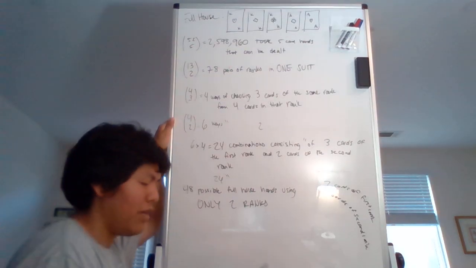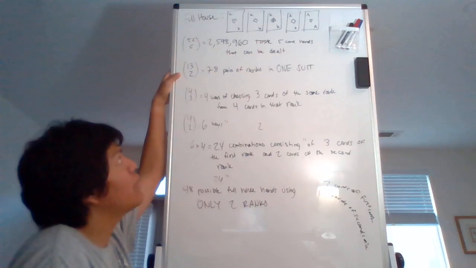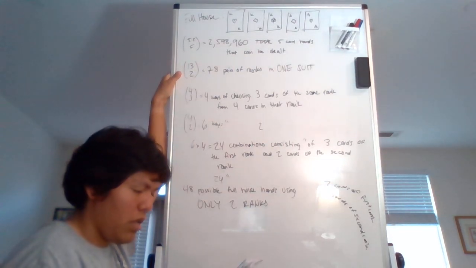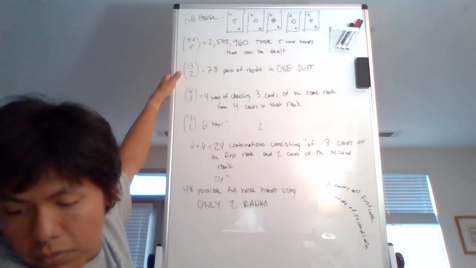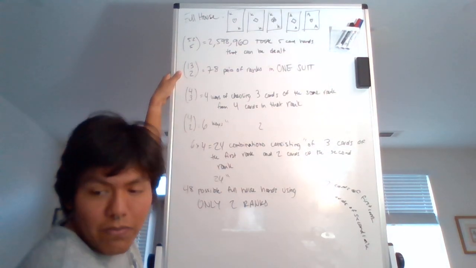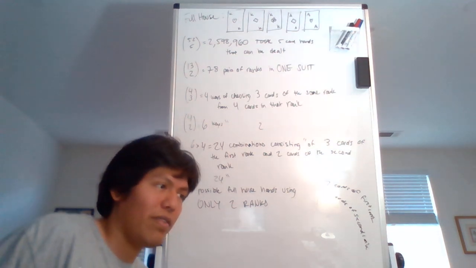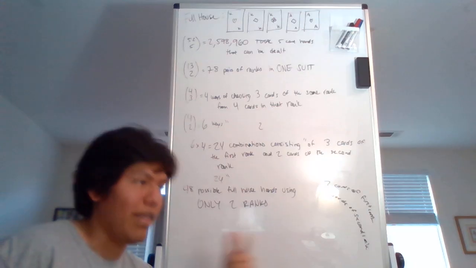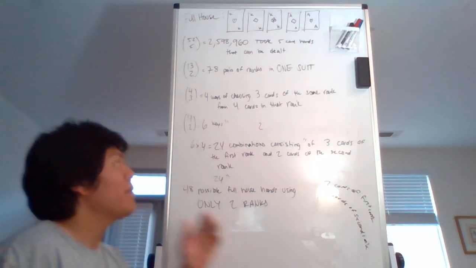What we would do then is multiply 48 by 78, right? Because there are 78 pairs of ranks. So one pair of ranks is the king and the queens. Another one is the kings and the aces, or the kings and the jacks, or the kings and the tens.